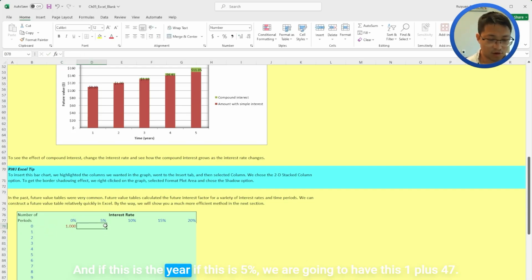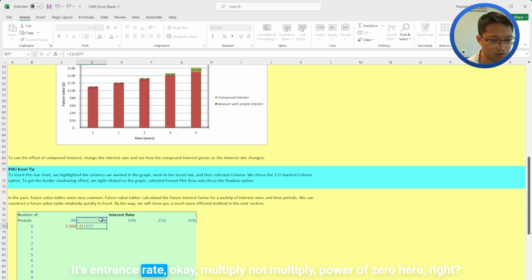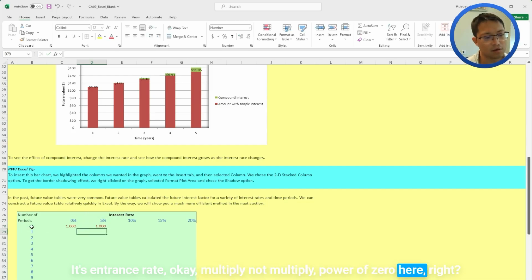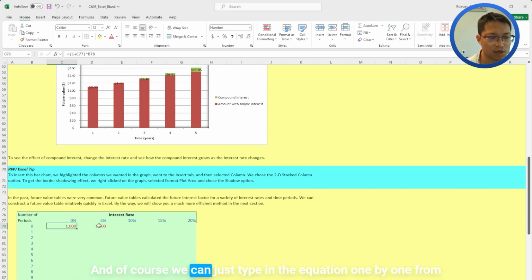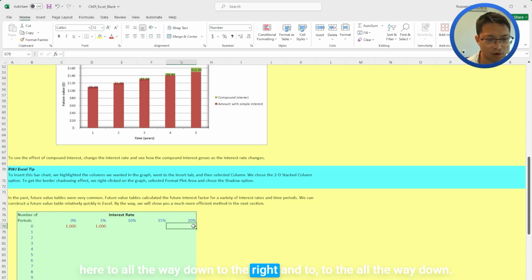If this is 5%, we are going to have 1 plus this interest rate, multiplied, to the power of 0, right? And of course, we can just type in the equation one by one from here all the way to the right and all the way down. But we want to make it simpler because we know there's a simpler way to do that.